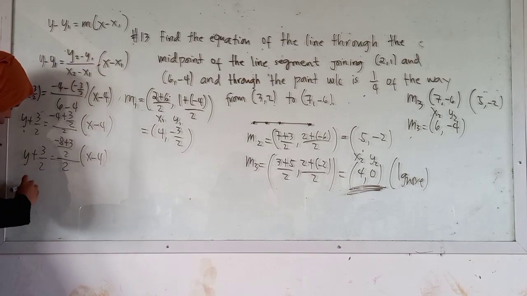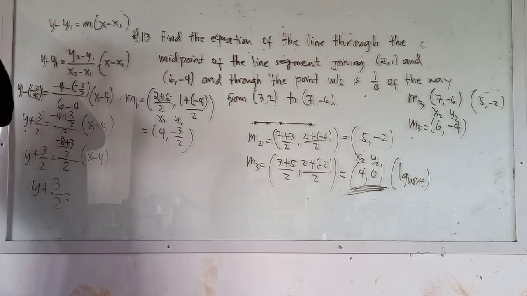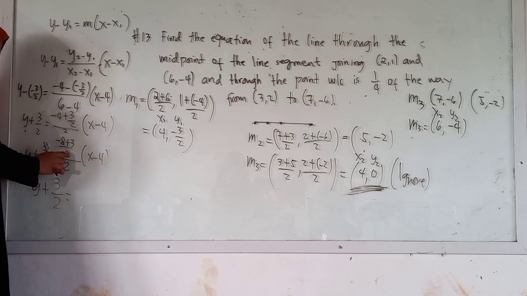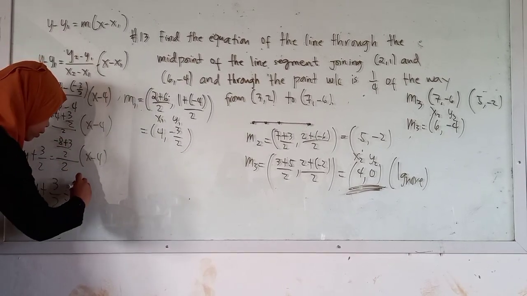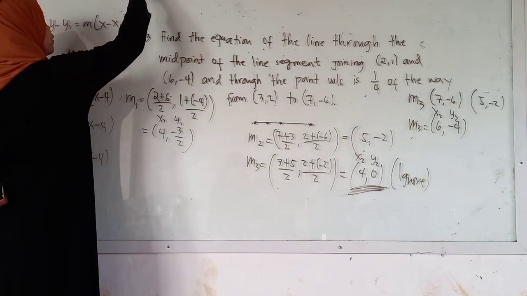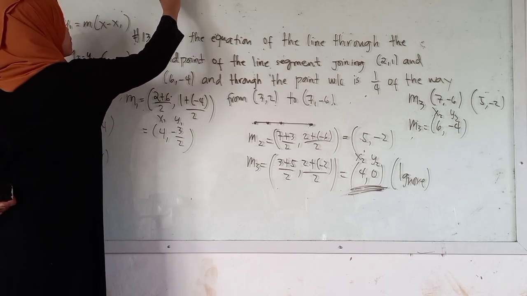Okay, so we have y plus 3 over 2. Simplifying that one, so I have negative 5. Now, ito na technique, negative 5 over 4. Kasi basta fraction A over B over C, nagiging A over BC.